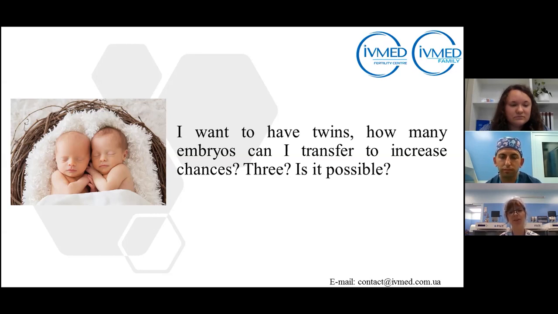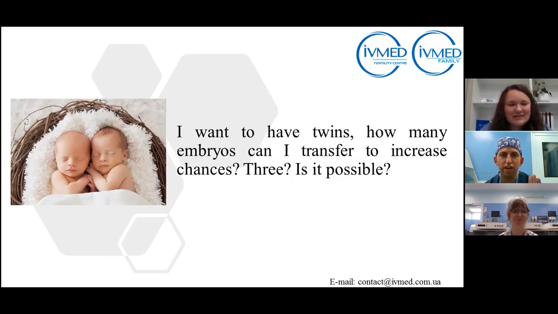But from the other side, please keep in mind that twins are not only very cute photos, it is also the risk of maternal and antenatal complications. So there's a reason why we usually have single pregnancies. Anyway, good luck.